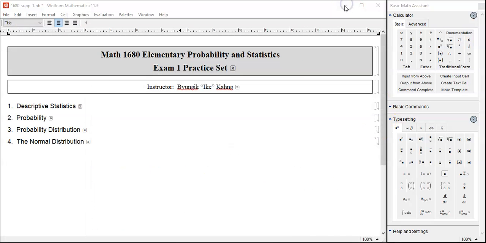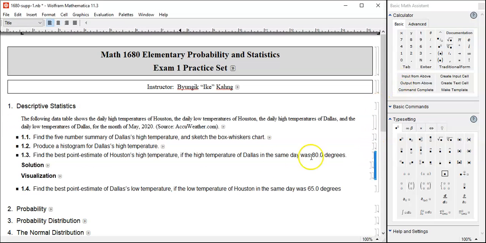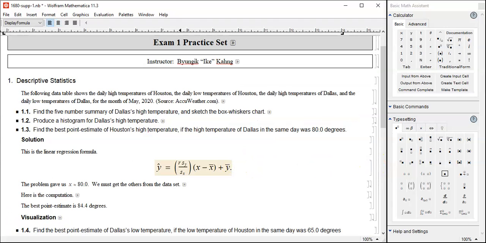You have to remember this extremely important formula, the regression formula. This is one of 2 methods to handle, and let me talk about my method first. Let's begin with this regression formula. And here, x is given as 80.